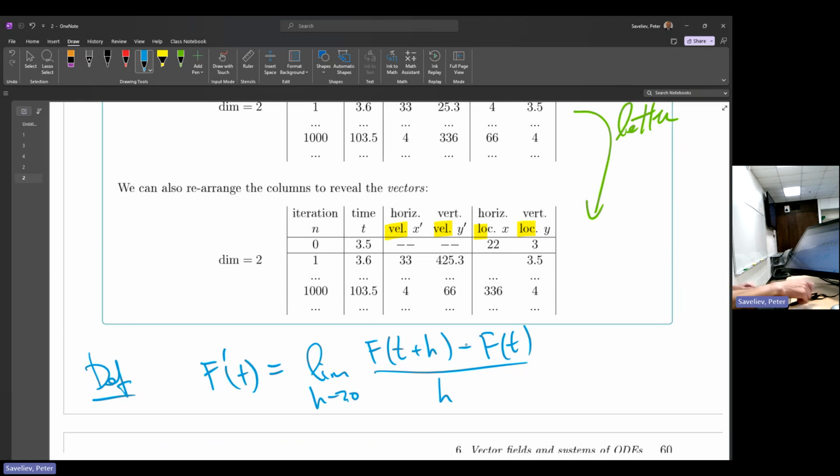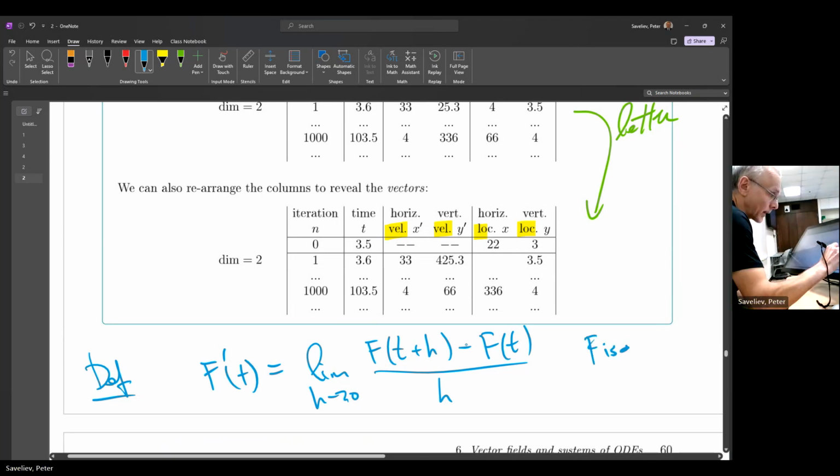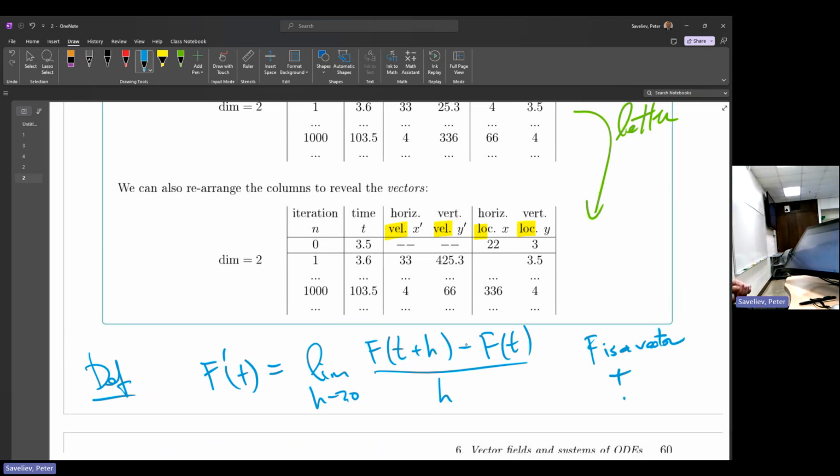Why so? Because we have these algebraic operations on vectors. Therefore, whatever we're seeing here on the right hand side makes perfect sense. F could be a vector, and that would not make any difference because we can add vectors and we can multiply vectors by a constant. One vector is computed here, another here, then we subtract, and then we divide by a number, which is also available.